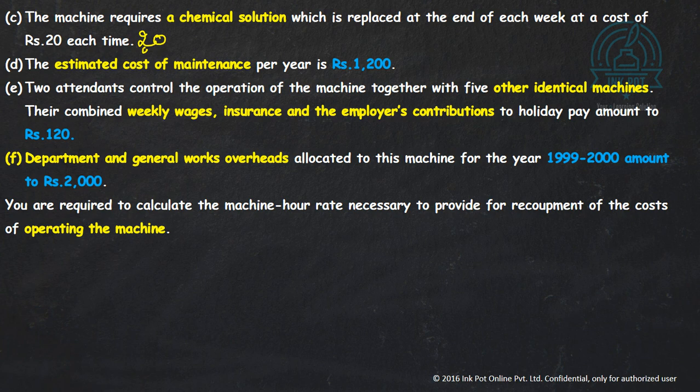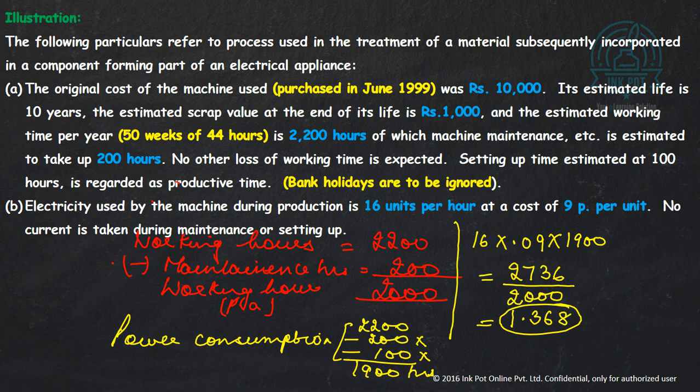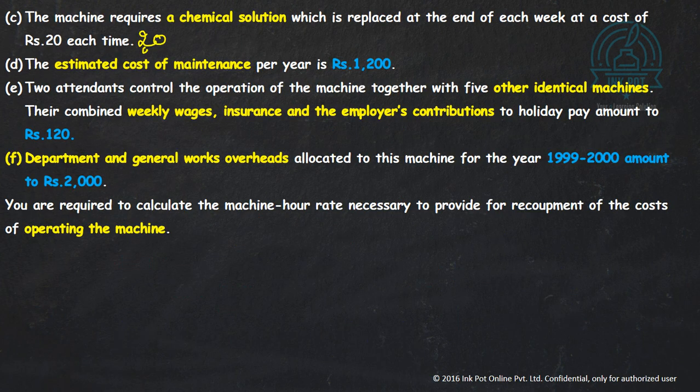What is the information given to us? We have 50 weeks of 44 hours. So directly we can multiply this per week cost with 50 weeks, and you'll get the cost per annum. 20 into 50 is 1000. And after that, you will divide it by the number of working hours, which are 2000. So when you divide it, you will get 0.50.